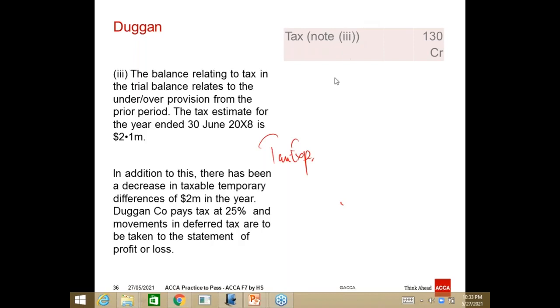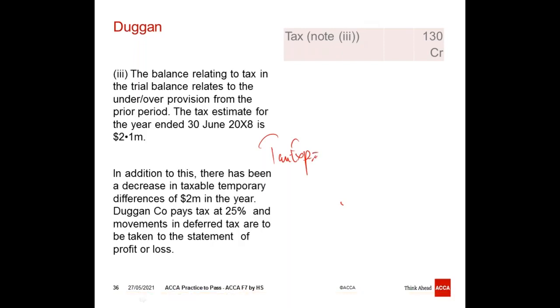Now, the current tax expense is 2100 for this question. And it says that in addition to this, there has been a decrease in the taxable temporary difference by 2 million.